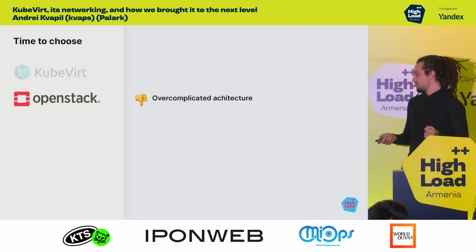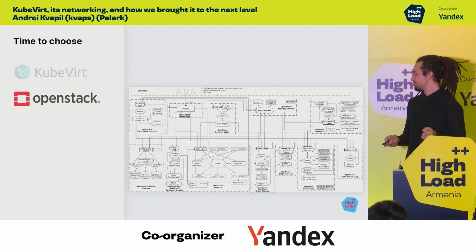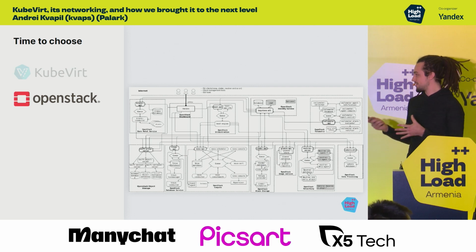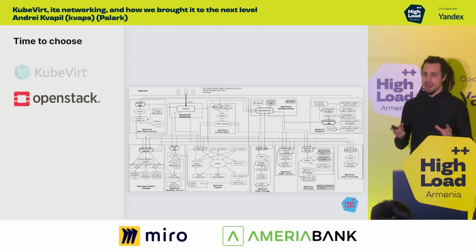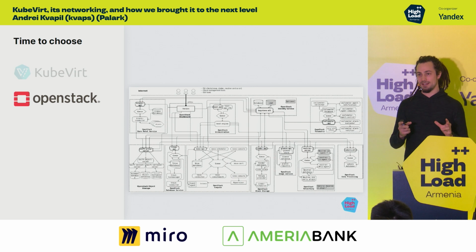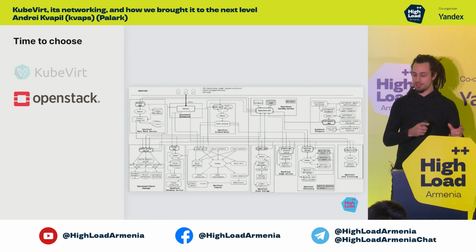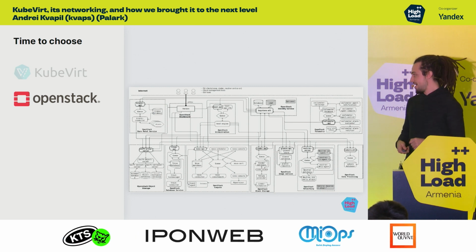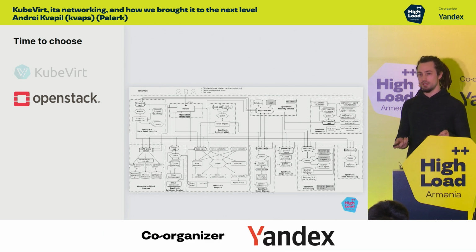The problem of OpenStack is well known: it has an overcomplicated architecture. If we look at the scheme of OpenStack, we see a lot of microservices. Every microservice has its own database, and you need to configure connections between each microservice and the others. And as we know, when things are complicated, they can be broken very easily.